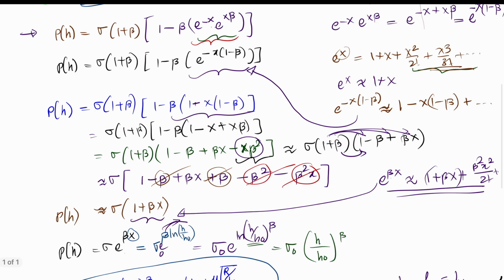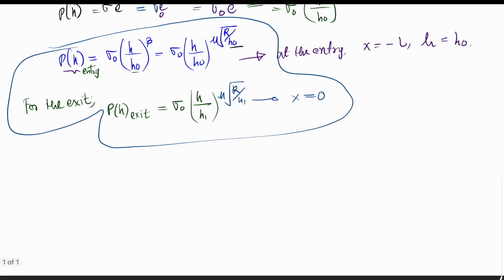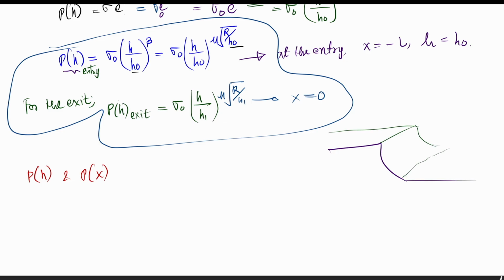Now, how will you find that pressure varies with h as well as with x? If you remember, we have this diagram, correct? We have this type of diagram that we drew in the class, and I'm going to say that this is the entry point and this is the exit point. So we have fixed the coordinates as x equals minus L and x equals 0.